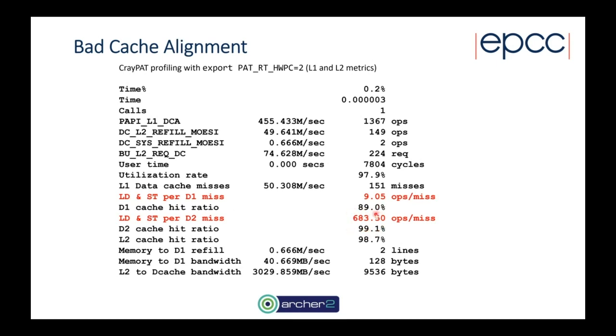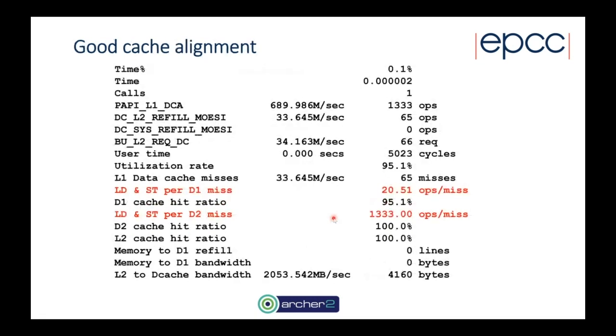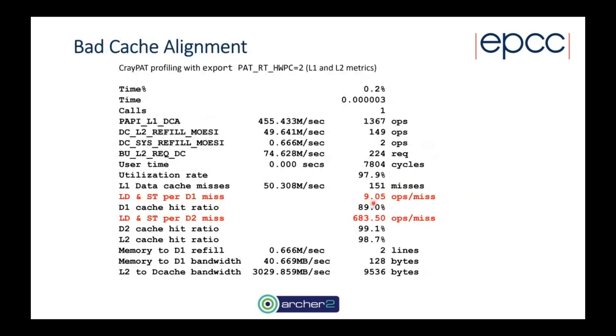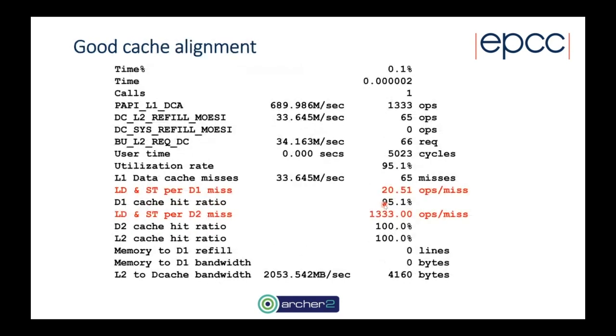And what we can see is that our L1 cache hit ratio is only 89%, which just sounds like it's high, but in reality, that's going to give us performance problems, because it's saying that every 9 instructions we have to go and get some data from L2 cache, and there's going to be something like 4, 8, 16. I can't remember what the instruction cycle cost is for doing that. So you want to avoid that.